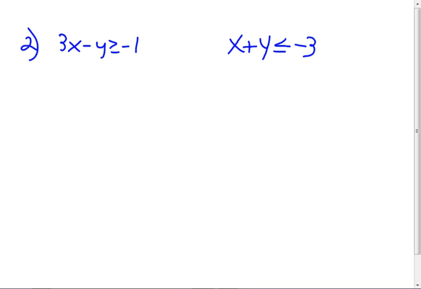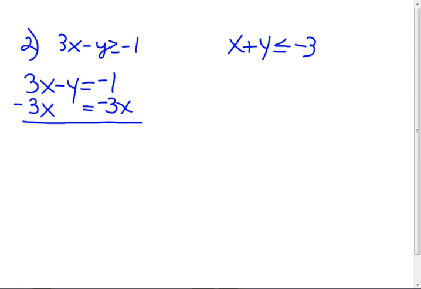Okay. Henry, let's do this one, and then you'll be able to do the other one. We're going to graph each of these separately. So you're going to do 3x minus y equals negative 1. Now what do you do? You get the y by itself. So subtract what? Minus 3x. What's on your sheet?